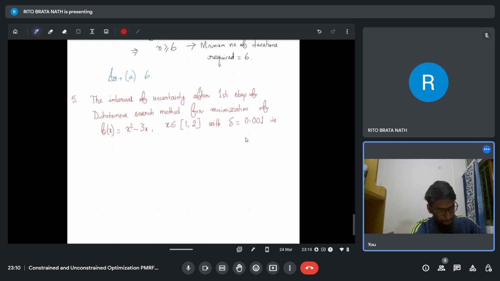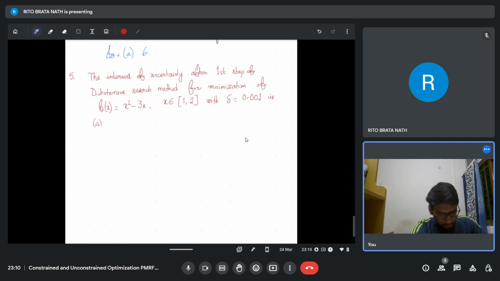Option A is L1 equals 1.4995 comma 2, B is L2 equals 1.4995.